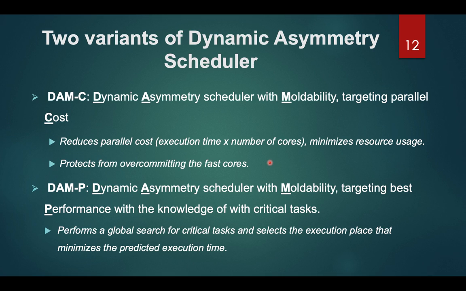The other variant is DAMP, which is Dynamic Asymmetric Scheduler with moldability. It targets the best performance with the knowledge of the critical task, where we basically perform a global search for critical tasks and select the execution place that minimizes the predicted execution time.